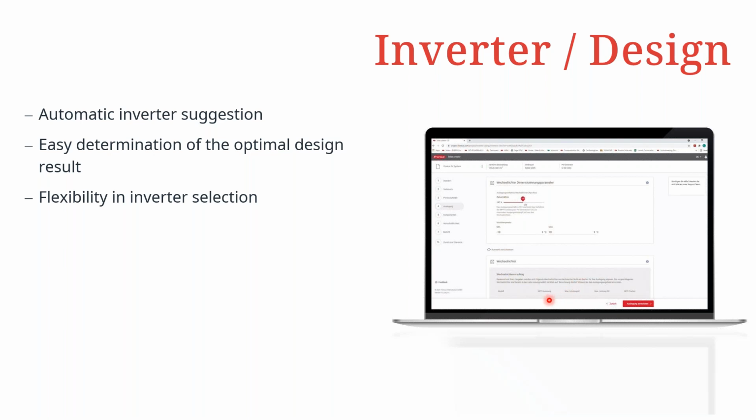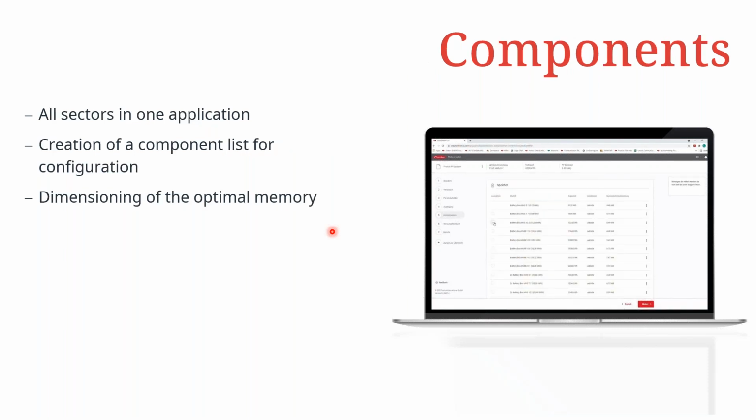In addition to that, we also have the components area in the Solarcreator. This component area is going to allow you to select all the components that can be used for that particular sector, and this can be done in this one application. Also, it's going to show up as a components list that is going to make it very easy for you when you're doing the actual configuration of these components that you want to use.